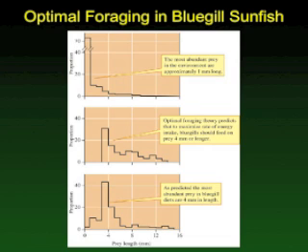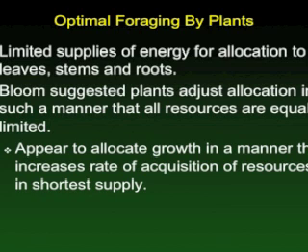The same optimal foraging theory applies to plants as well, in that plants allocate more to roots in a situation where water is limited, and then they may allocate more to the upper portion of the plant, which includes their leaves, in situations where sunlight is limited.